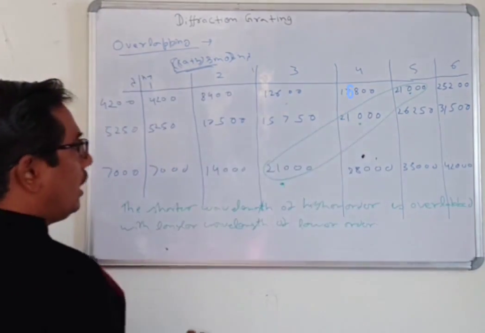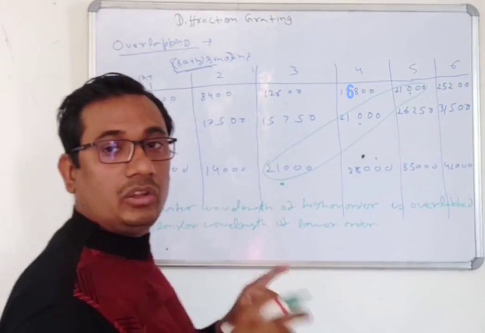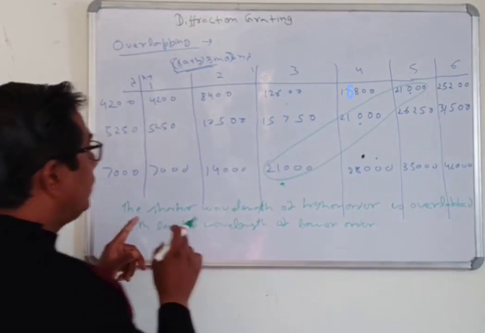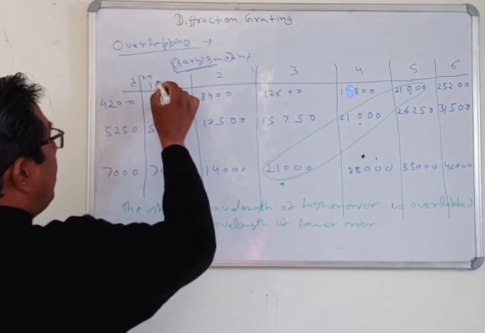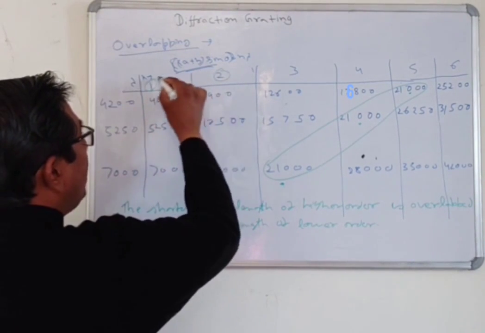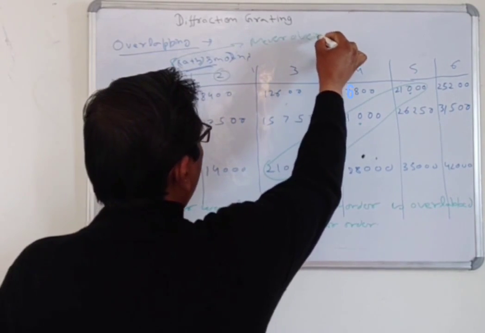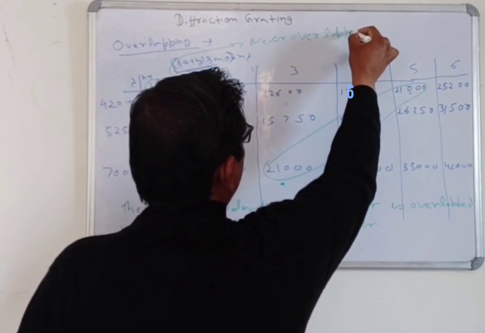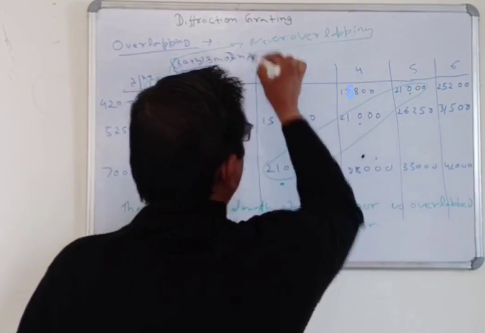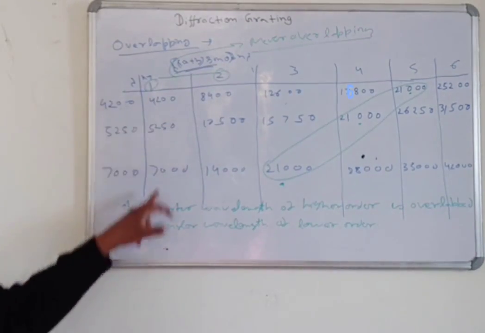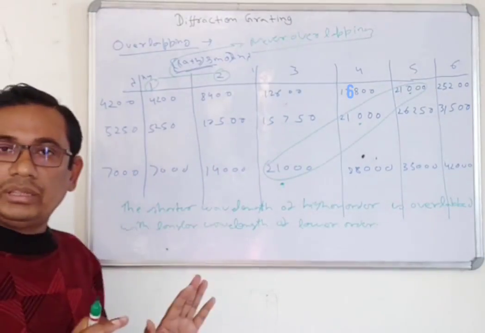Here you can see that, and also again you will see here that the order 1 and 2 never overlap. Here you can see that these values never overlap.